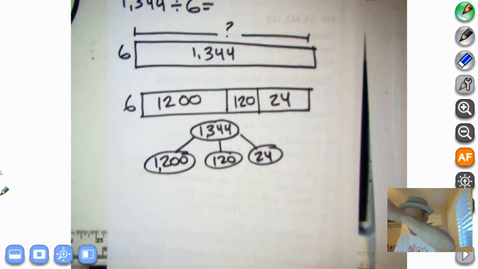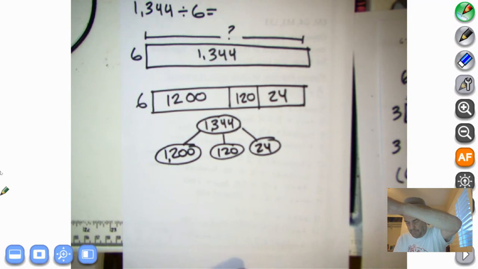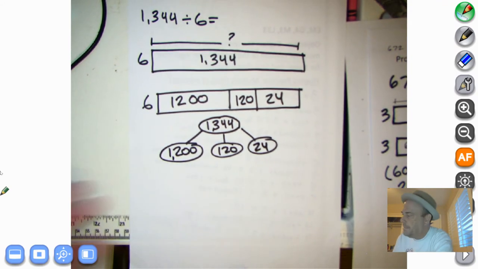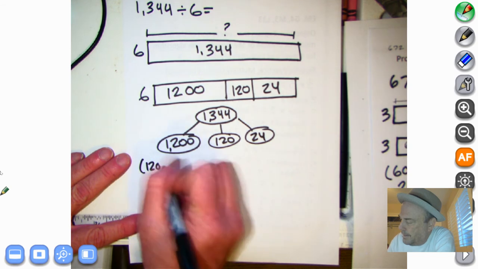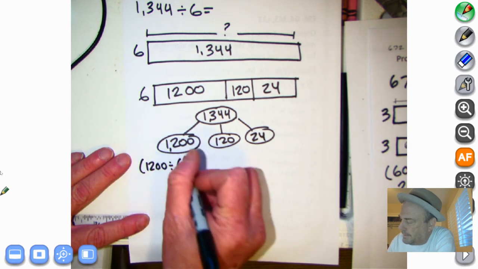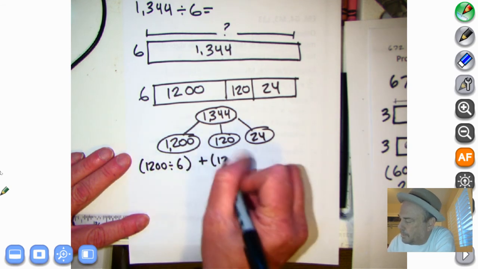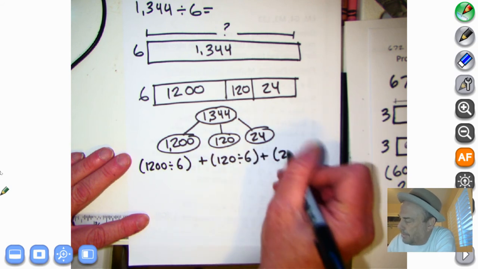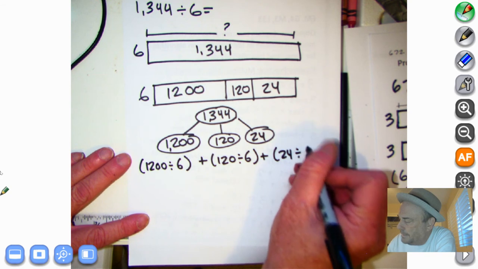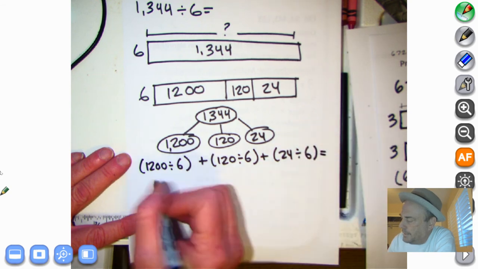Now, we're going to go ahead and do the division like we did before with the parentheses. Math, I'm sure, will be coming out soon. So I'm going to do 1,200 divided by 6 plus 120 divided by 6 plus 24 divided by 6. What will that equal? Let's take a look.